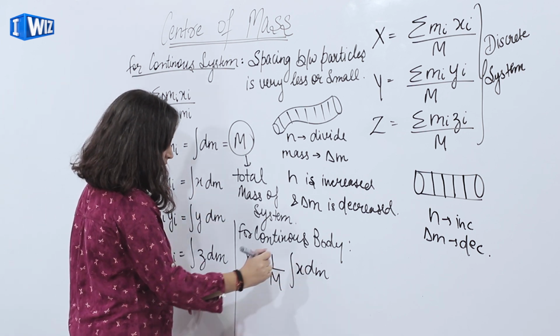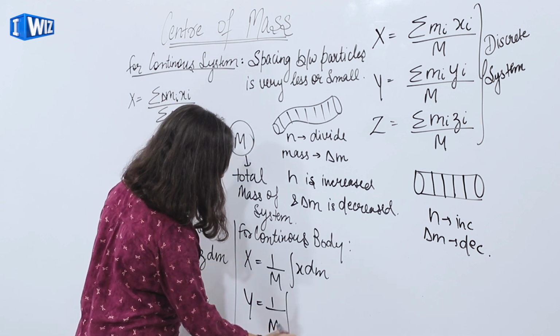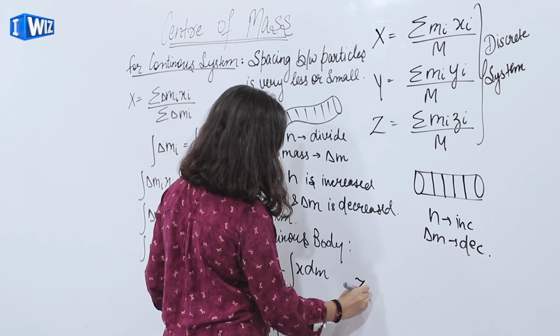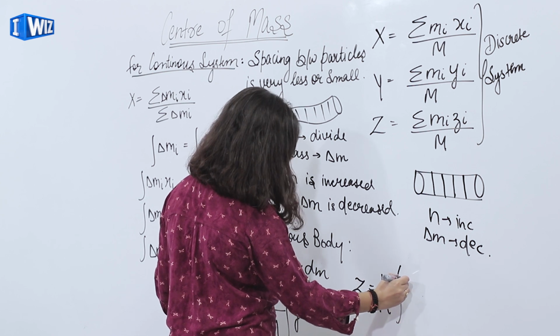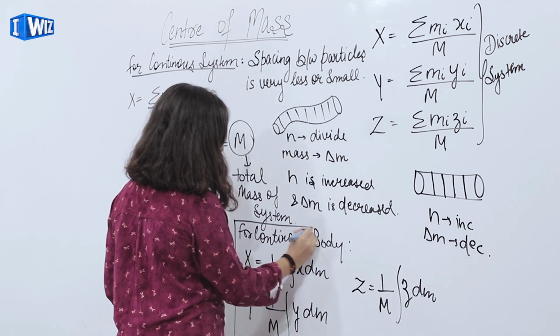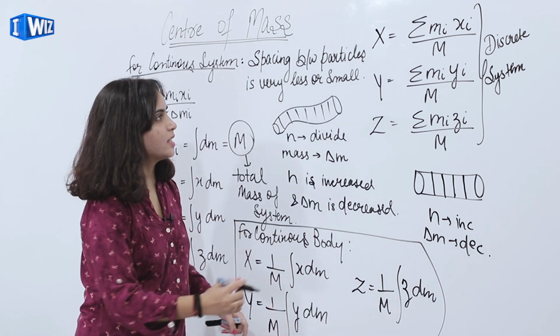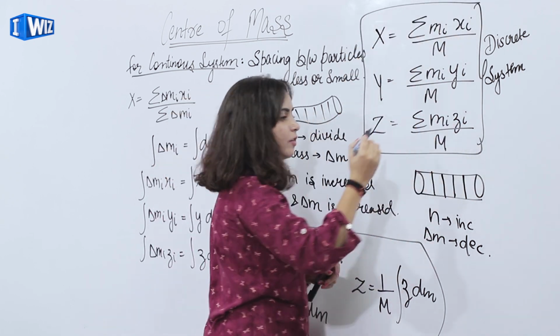So we get this. Similarly for y, 1 upon M integration y dm and z, 1 upon M integration of z dm. So this is for continuous body center of mass and this is for discrete body center of mass.